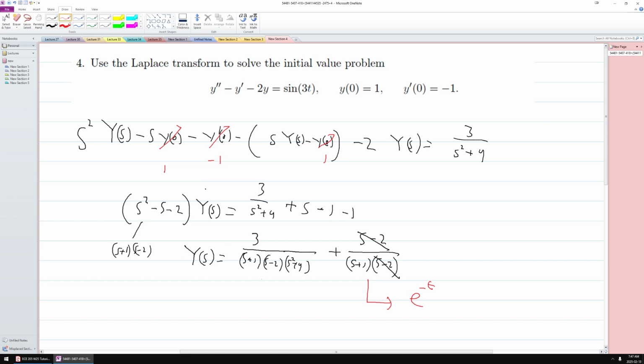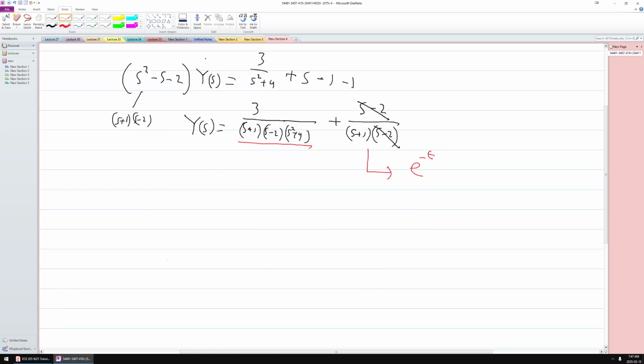Now I have to deal with these terms here. Dealing with these, the natural way to break it down is the s plus 1, s minus 2, s squared plus 9. And those will correspond to 2 exponentials, and then either sine or cosine, depending on what happens with the numerator after I do the partial fraction decomposition.